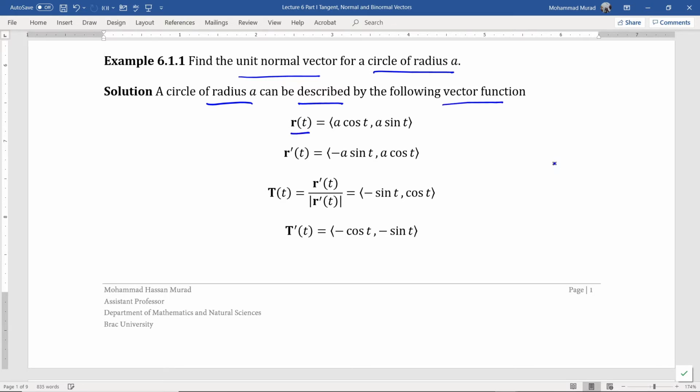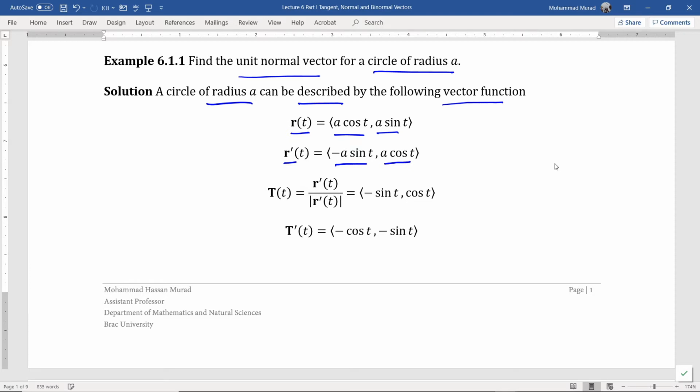R of t equals the vector whose components are a cosine of t and a sine of t. Therefore, the derivative of the vector function has components negative a sine of t and a cosine of t.